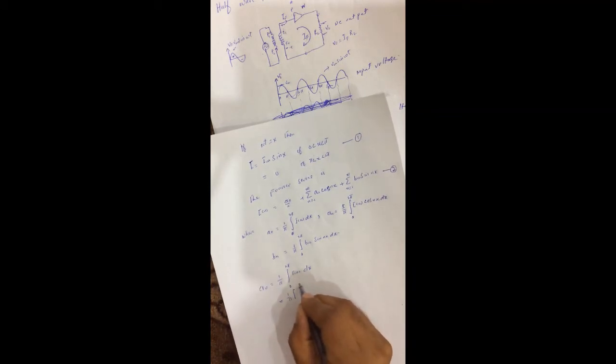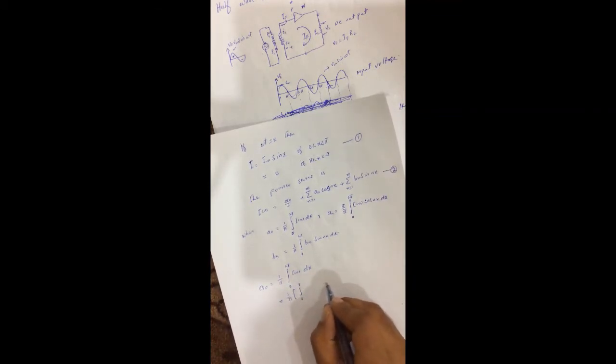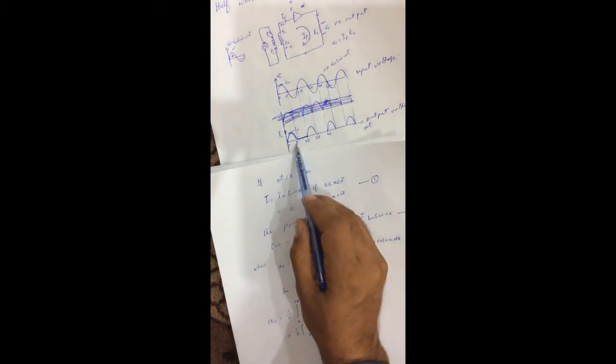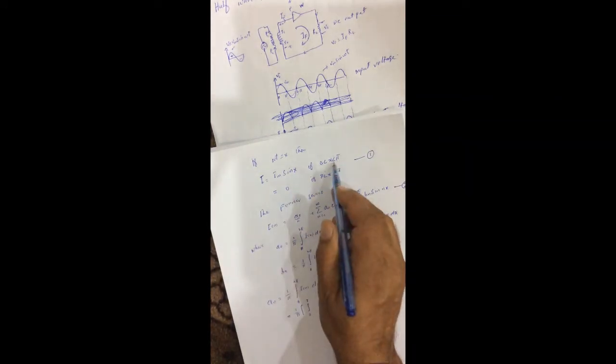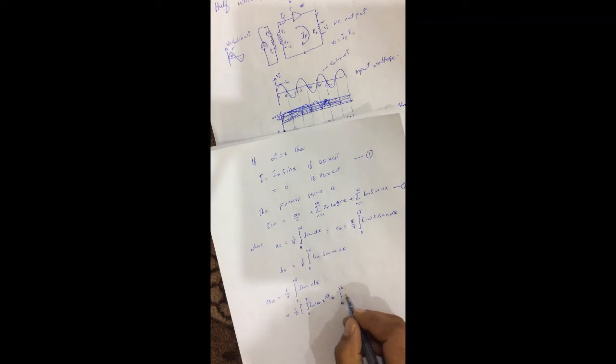One is from 0 to pi and the other one is from pi to 2 pi. Now I of x value from 0 to pi is Im sin x dx, plus from pi to 2 pi the value of output current is 0 times dx.